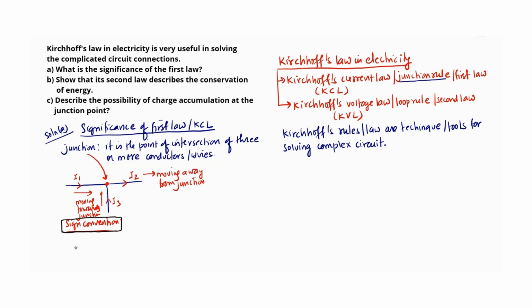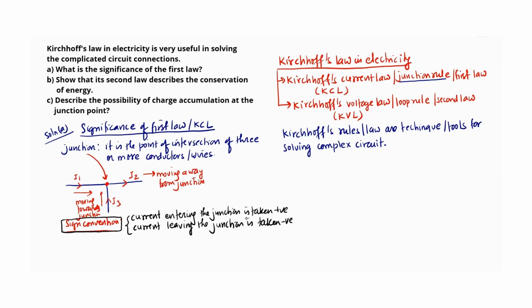So what we do is that current entering the junction is taken positive, while current leaving the junction is taken negative. So these are the sign conventions we need to follow.